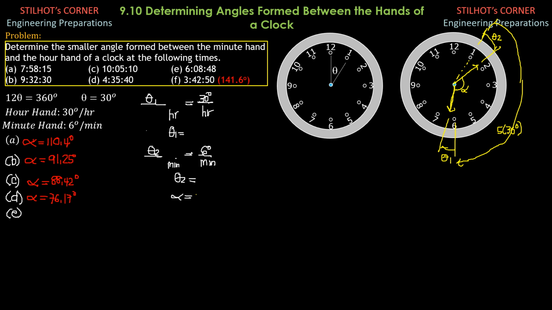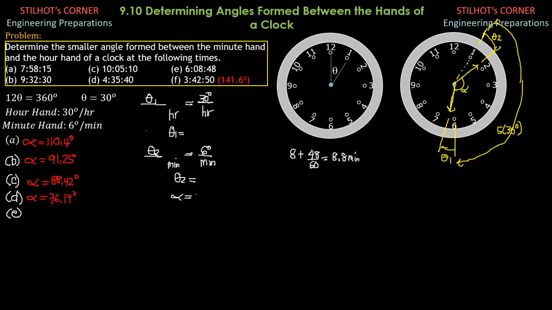So from the figure, for the hour hand first, this is equivalent to 8 minutes and 48 seconds. Let's convert that to hour. 8 plus 48 over 60 is 8.8 minutes.